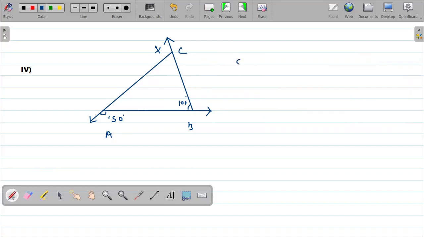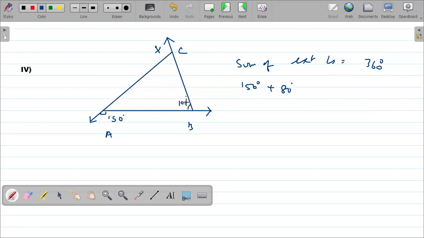So we will be writing sum of exterior angles equal to 360 degree. So here equal to 360 degree, here 150 degree plus 80 degree. How 80 degree? Linear pair.